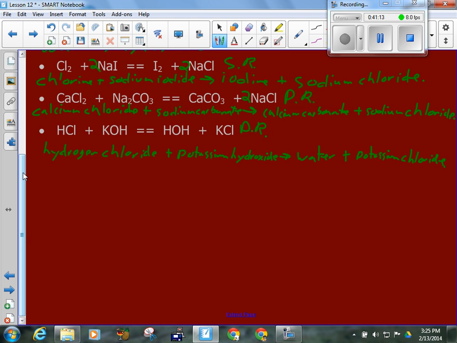It's already balanced. Now, what if that was a fill-in-the-blank question and there were blanks in front of each compound? Should you leave it blank? No, because then I won't know whether you knew how to do it or not. So write 1s in front of everything just so I know you did it if it's a fill-in-the-blank question.